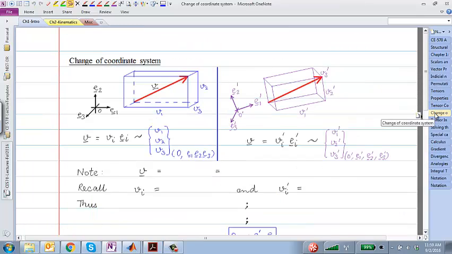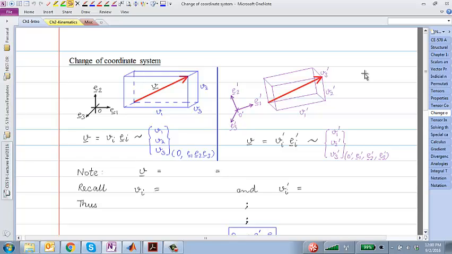Let me talk a little bit about the need for sometimes having to change your coordinate system. I've been harping on this fact quite a bit, that a tensor is not a matrix, and a vector is not a 3x1 set of numbers, right?